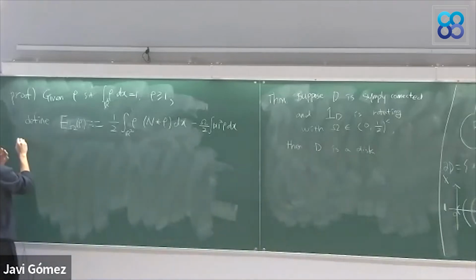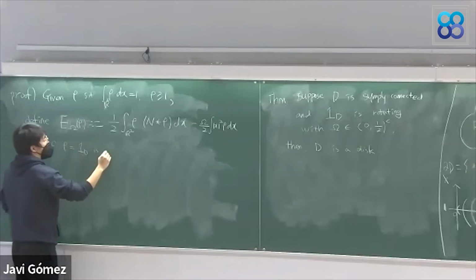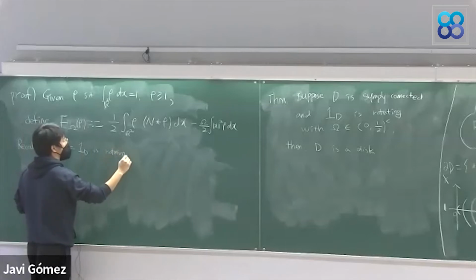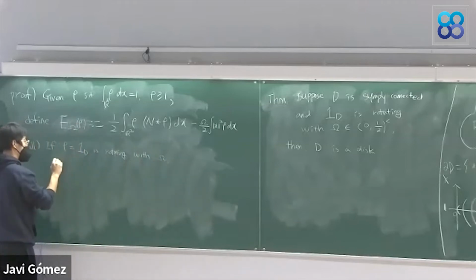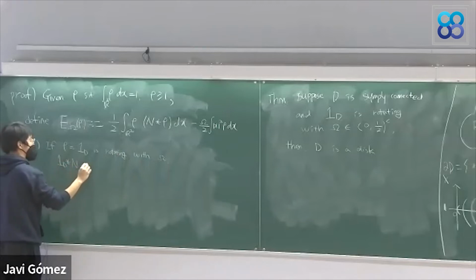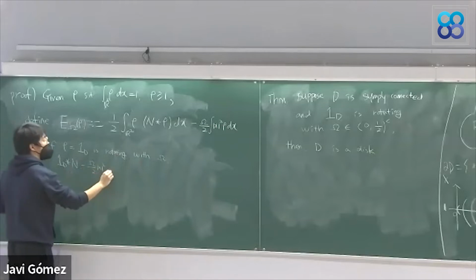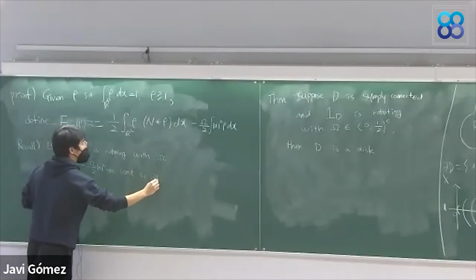So let's recall what we have discussed. If rho is rotating with the angular velocity omega, then what we know is that the stream function involved with rho, minus omega over 2 times |x|^2, is constant on the boundary.